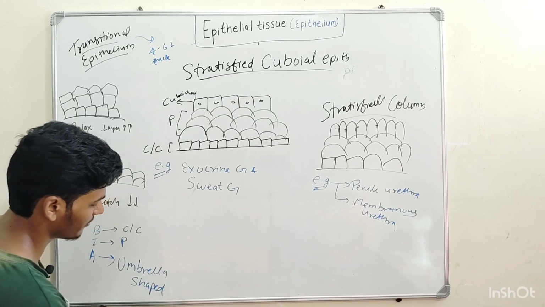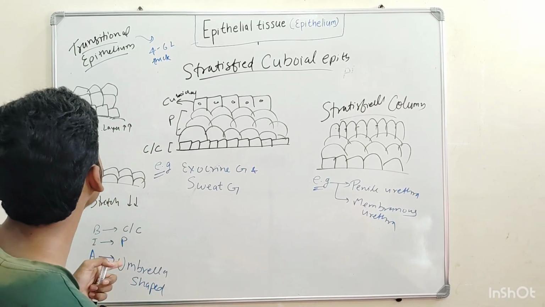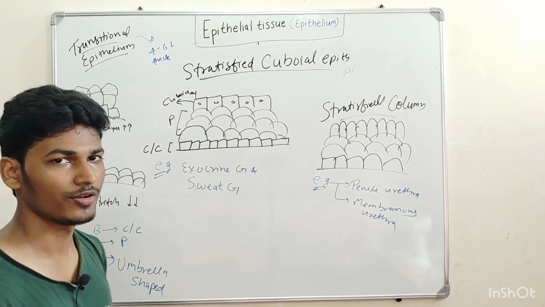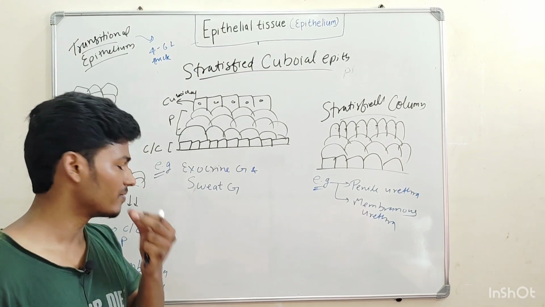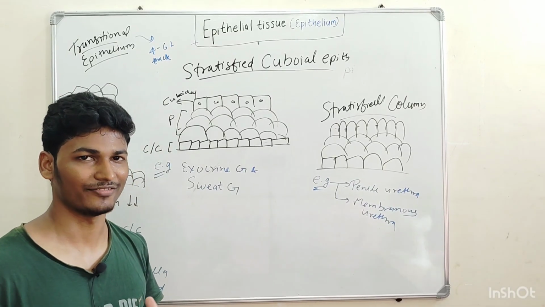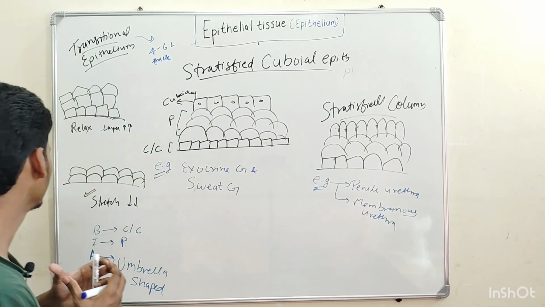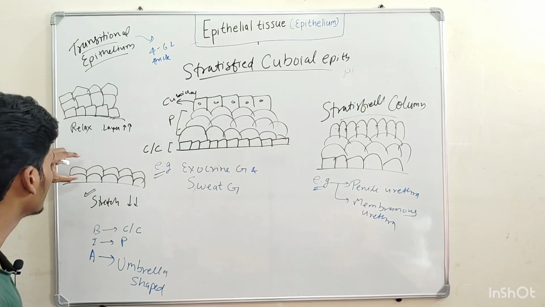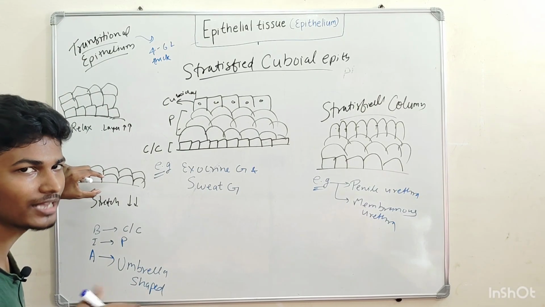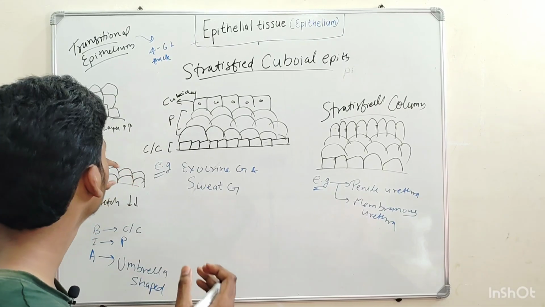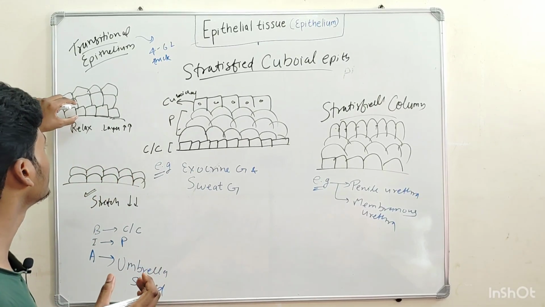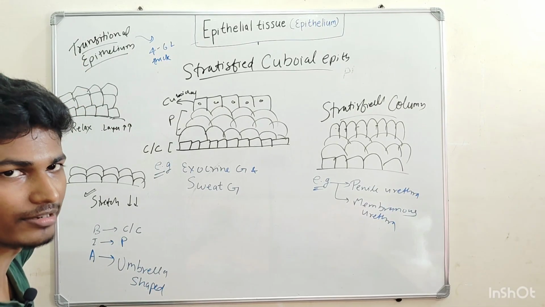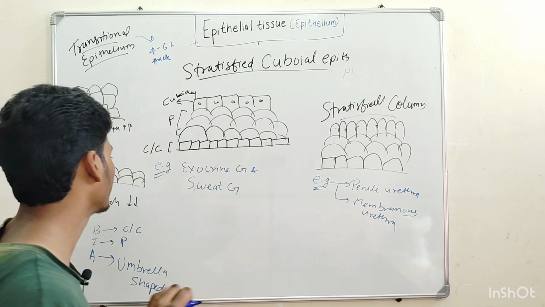That's an important feature of the transitional epithelium. So as you know, when your bladder gets filled, it gets stretched, so the layers of epithelium also decrease, and when you pass urine, your bladder relaxes and the layers increase. So the transitional epithelium is mainly found in the urinary organs.